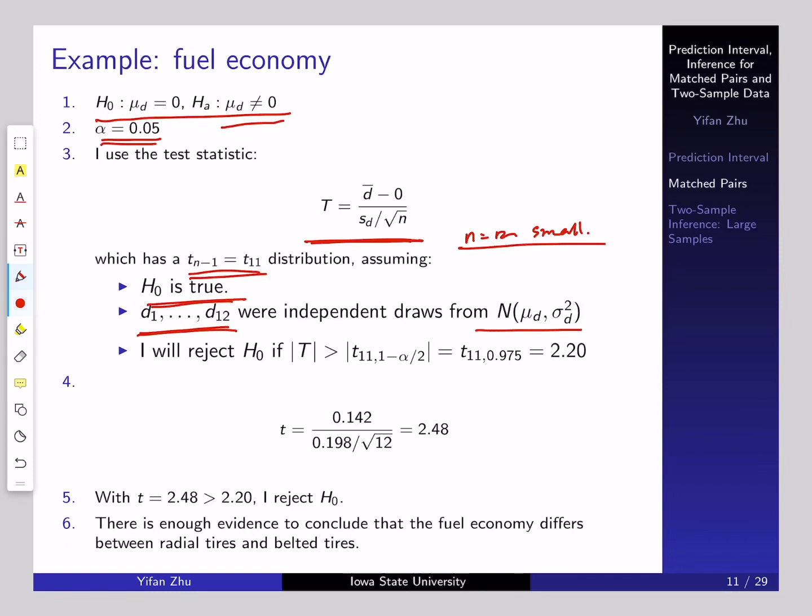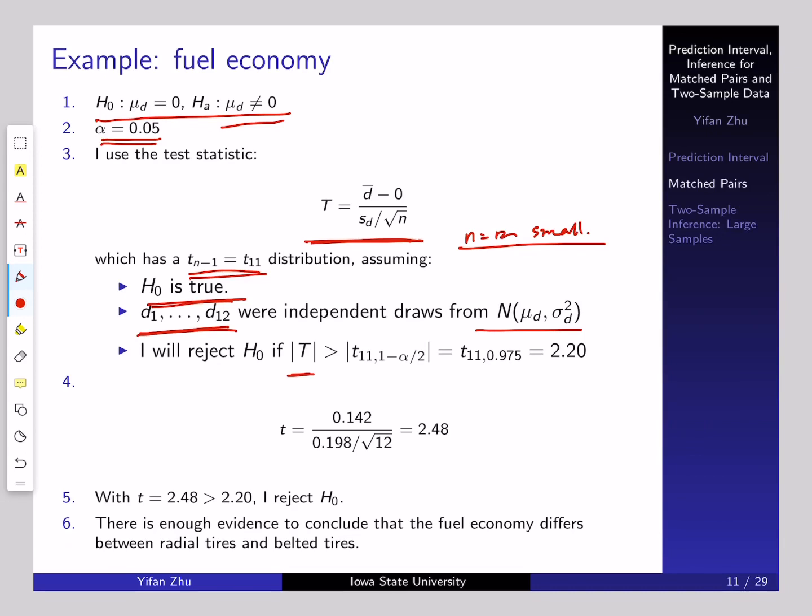And since the alternative is that mu d is not equal to 0, that means the larger the absolute value of the test statistic, the more evidence it provides for the alternative.